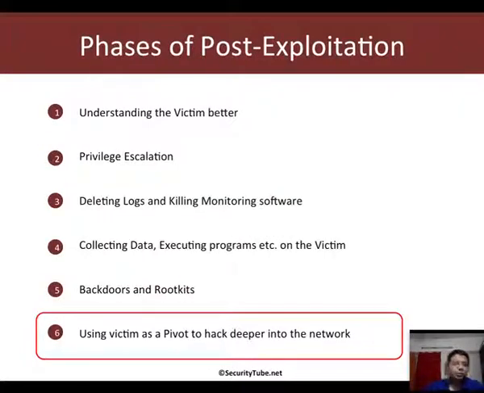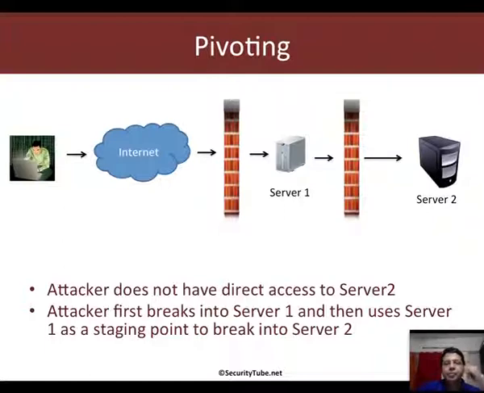Now we are at phase 6 of post exploitation, where we look at how an attacker could use the victim to break further into the network. Let me give you a sample scenario. Let's say the attacker wants to break into a network which has a DMZ in which there is server 1 which he can access, and then behind the second firewall you have server 2 which he's actually interested in.